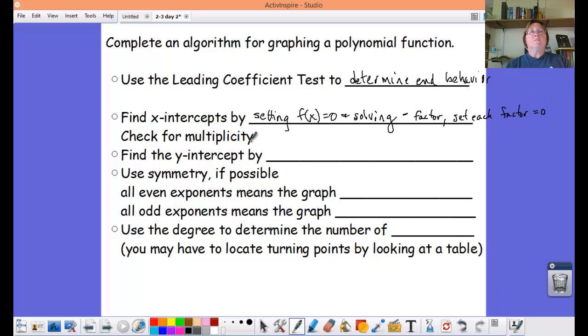Remember that we should check for multiplicity. Some roots may occur more than once. You find the y-intercept by, there are two methods really. You can either multiply out the polynomial and look at the constant, or set x equal to 0 and solve for y.